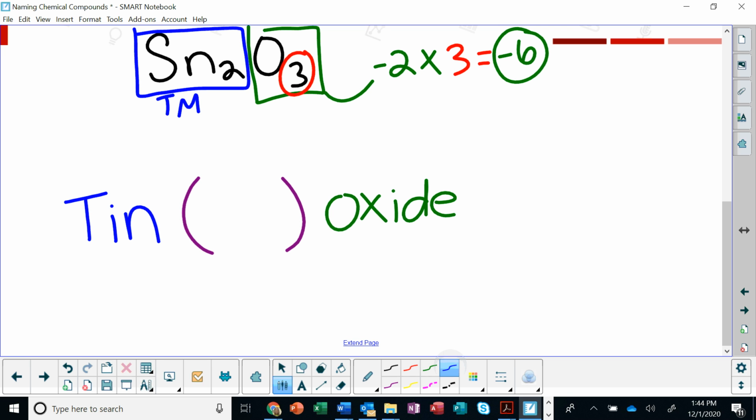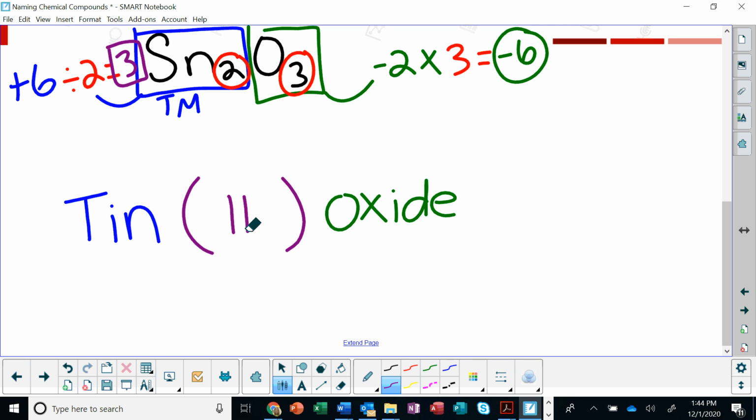Which means over here, we get a +6. This time we need to divide by how many we have here, which is 2. And again, by accident, we get 3.